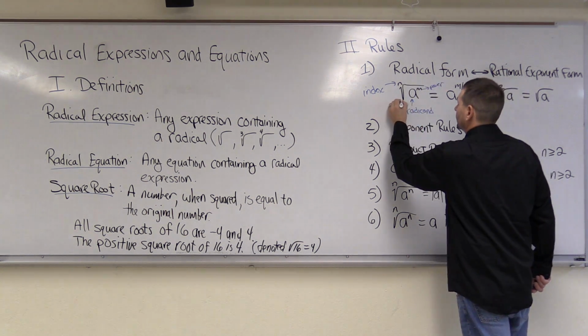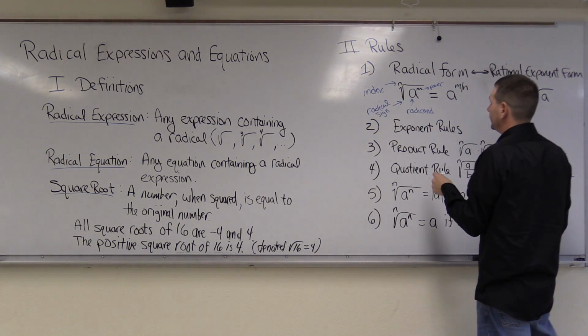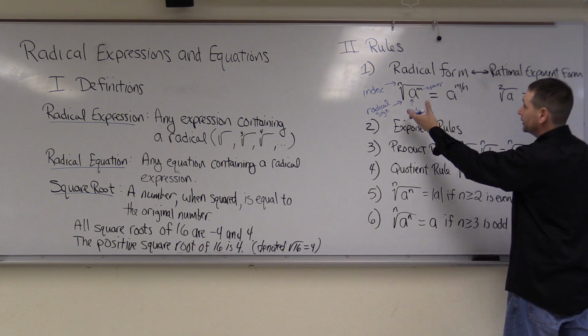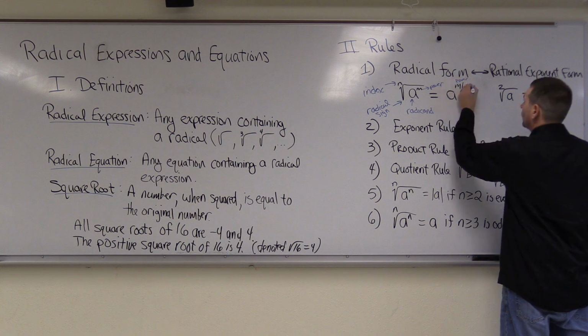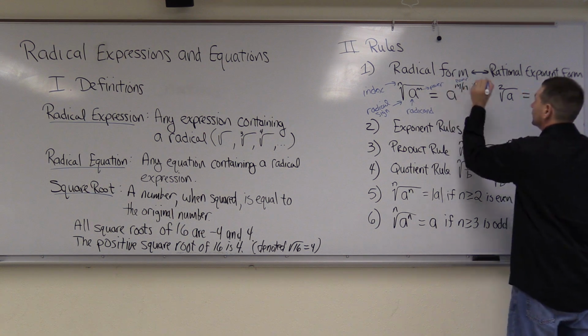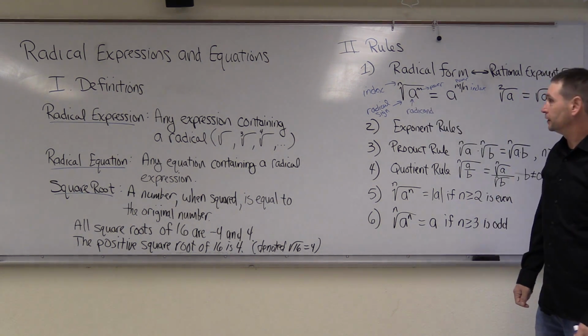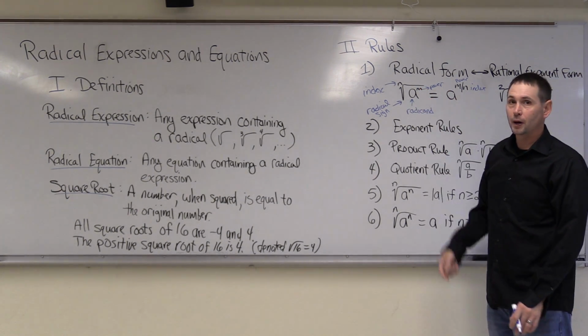And this is just the radical sign. You can go back and forth and just know that if you write it in rational exponent form, they say the same thing. This is going to be power over index. Your radicand is going to be your base in your rational exponent form, and it's always going to be power over index.